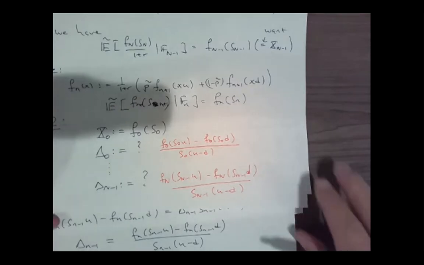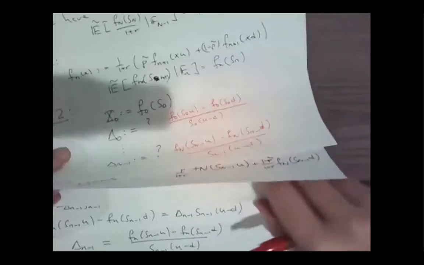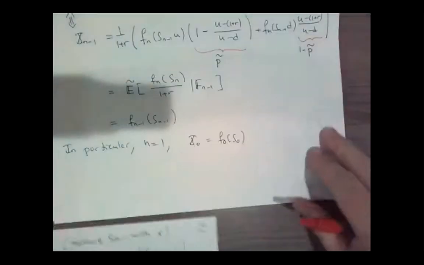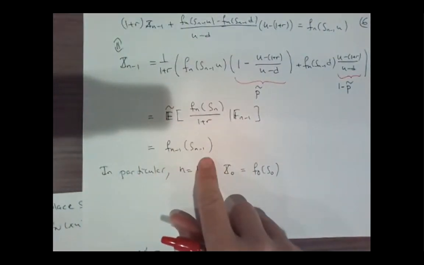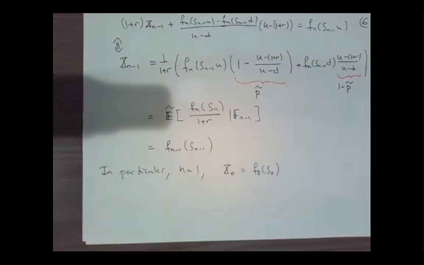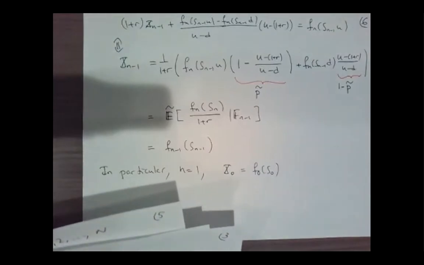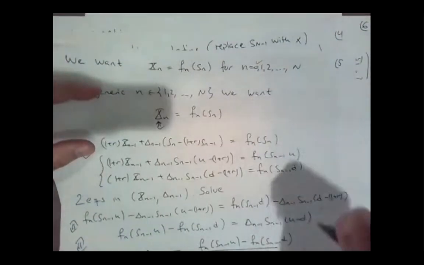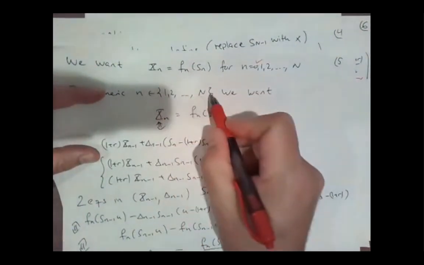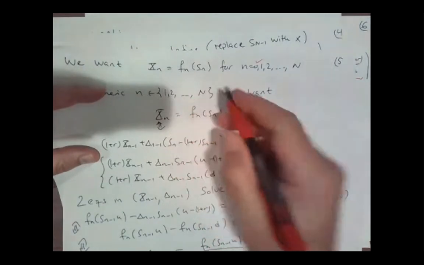And it works because I have this property here that xn minus 1 is equal to this conditional expectation. In particular, for n equal to 1, this works, but it also works because, where that slide was number 5, this is true for all n between 1 and capital N, right?